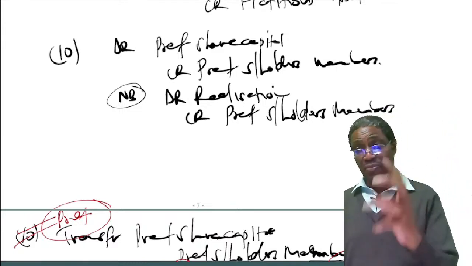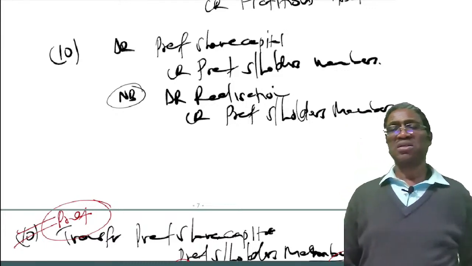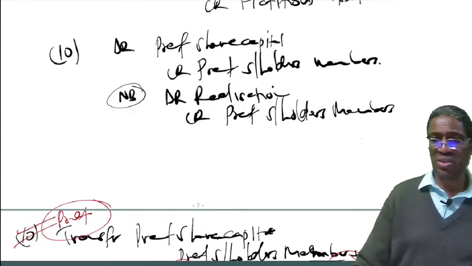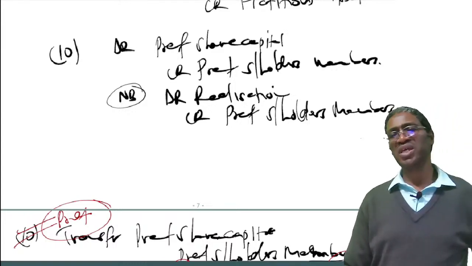I've said if there are preference dividends in arrears, debit realization, credit preference shareholders members. That's number 10.